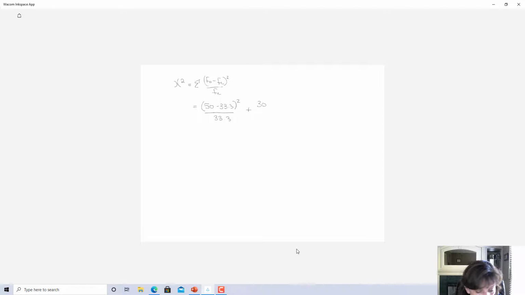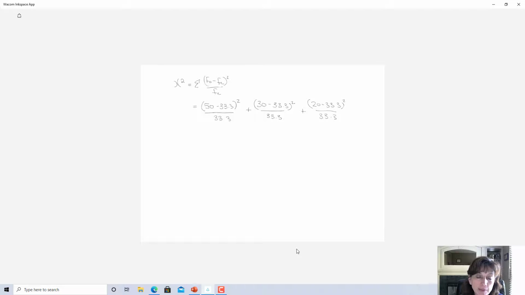So for my next flavor, 30 minus 33.3 in parentheses squared divided by 33.3. And then finally, the last flavor, 20 minus 33.3 in parentheses squared divided by 33.3.